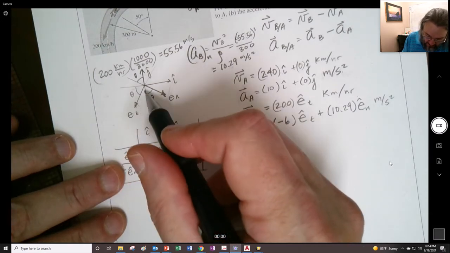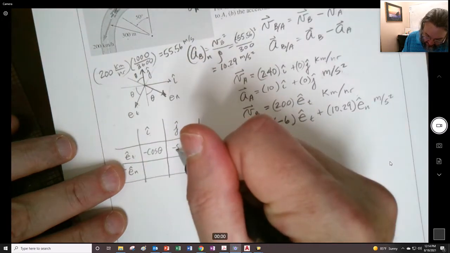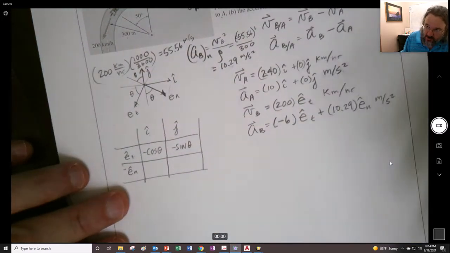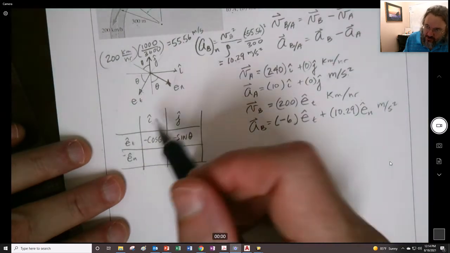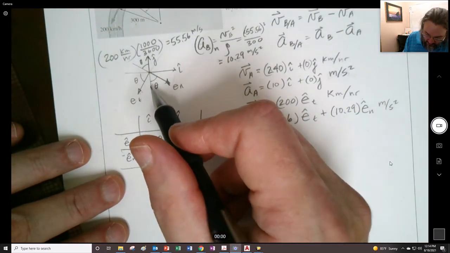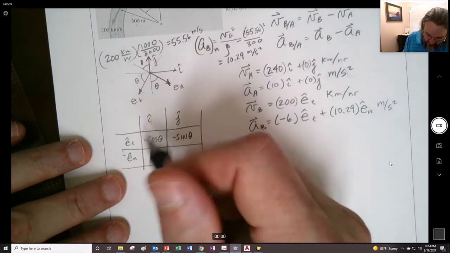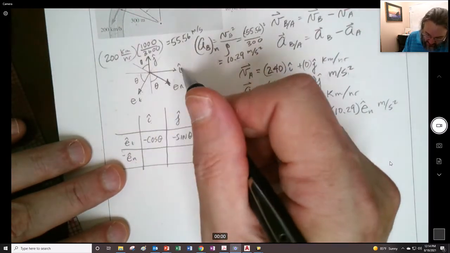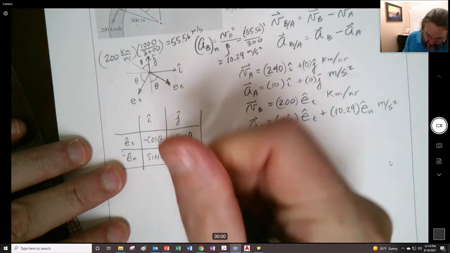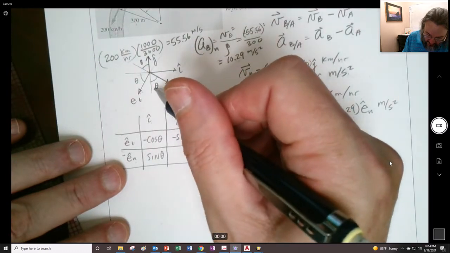And then this one is going to be negative sine of theta, right? If you're not clear with this, go back to the other videos where we break this down and look at it a little more slowly. But you want to get used to making these coordinate transformation arrays. And then in the normal direction, that's going to be a positive sine, and it's going to be a negative cosine of theta.